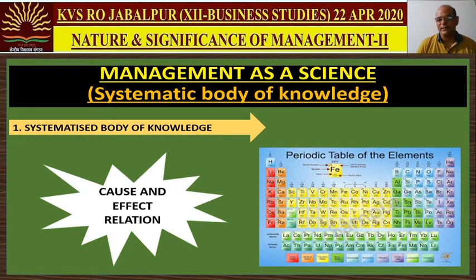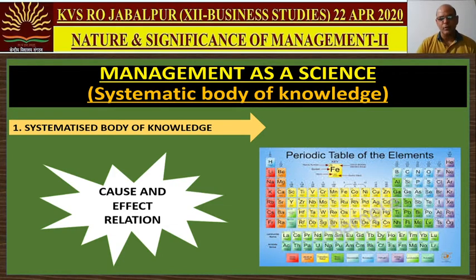For example, in science, when we start heating the water, after reaching a certain level of temperature, it will start boiling. And after reaching a certain level of temperature, it will start evaporating also. So there is a cause and effect relationship कि अगर हम ऐसा करें तो outcome ये होगा. The outcome can be predicted and that will be true in every situation.